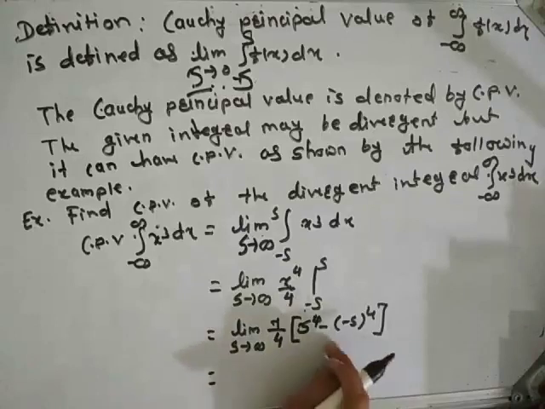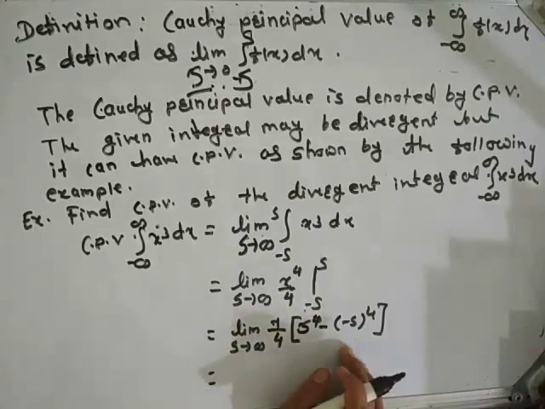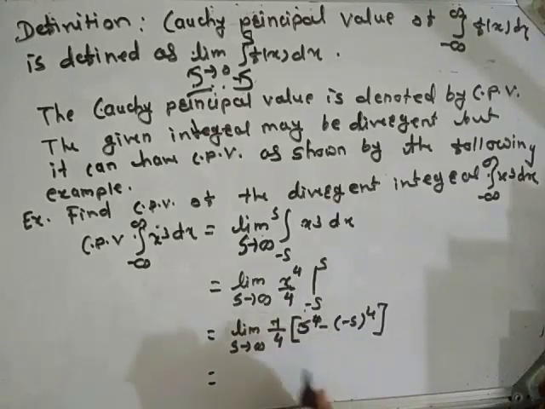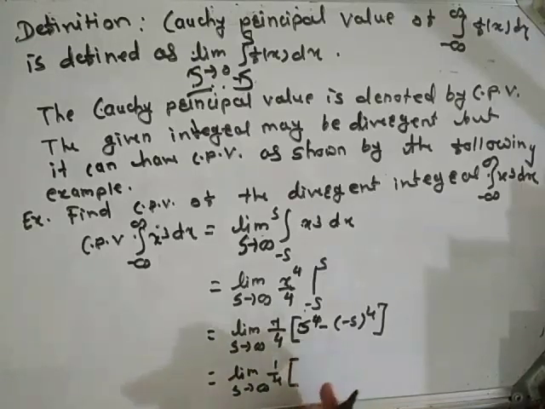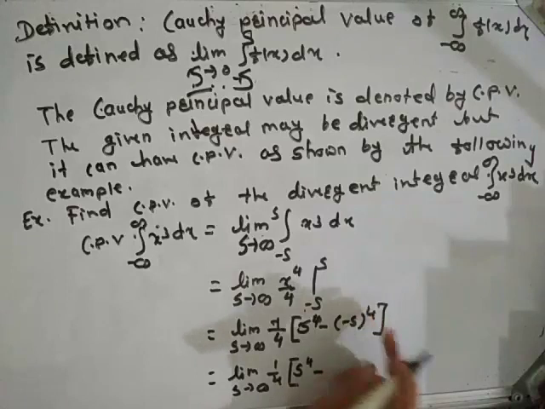So as s tends to infinity, this will become limit s tends to infinity, 1 by 4 into s raised to 4 minus, here minus s raised to 4.